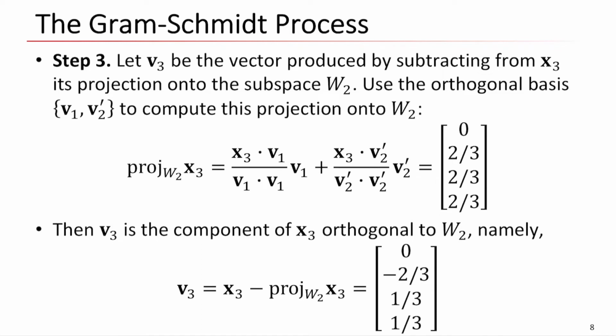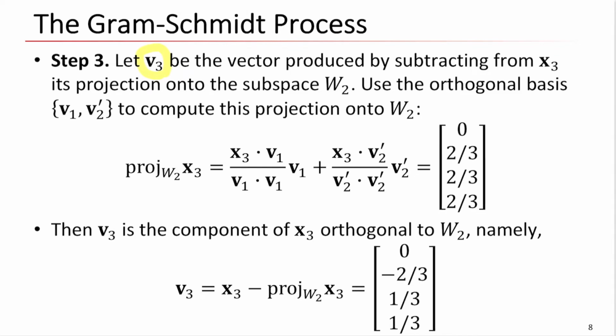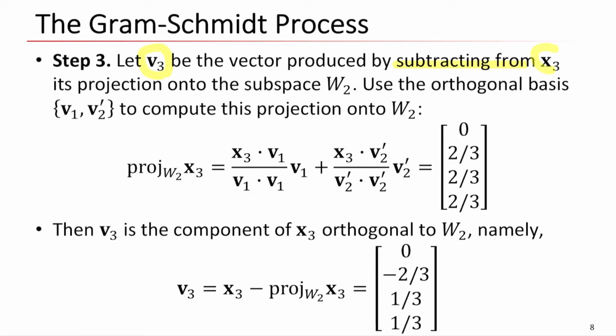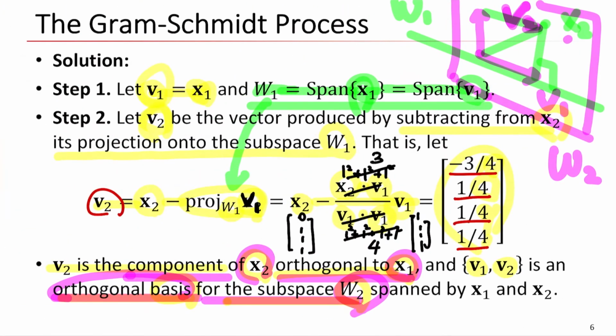Similarly to v2, let v3 be the vector produced by subtracting from x3 its projection onto the subspace W2. So now we have the subspace W2 here, right?